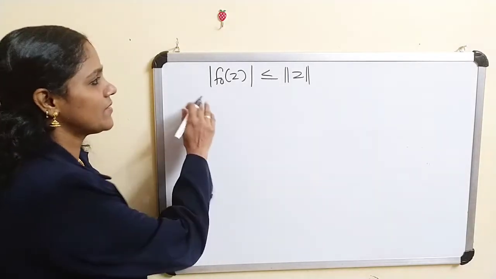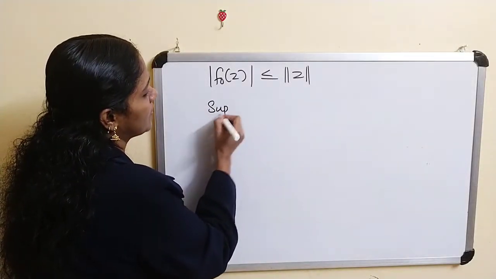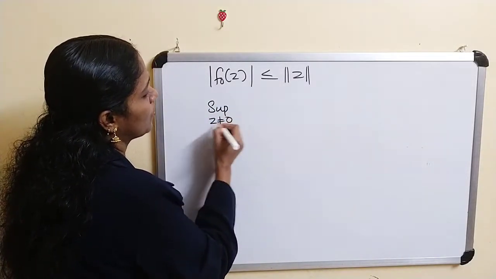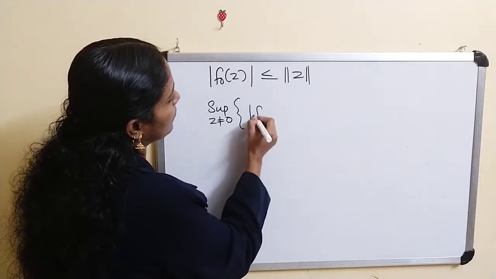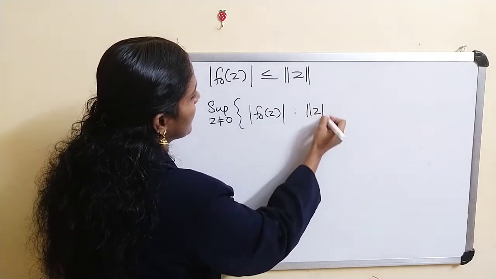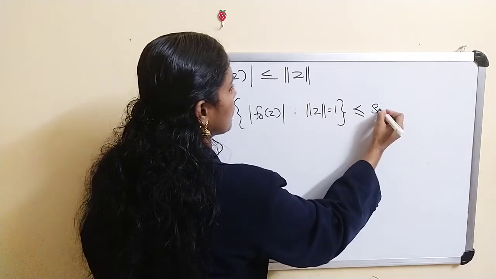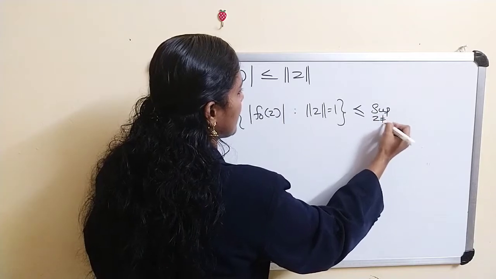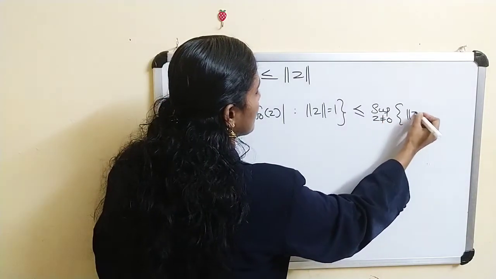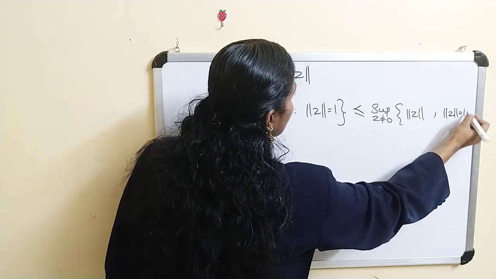From this we get, consider supremum over z not equal to 0 such that norm of z equal to 1 of modulus of f naught of z, which is clearly less than or equal to supremum over z not equal to 0 of norm of z such that norm of z is equal to 1.